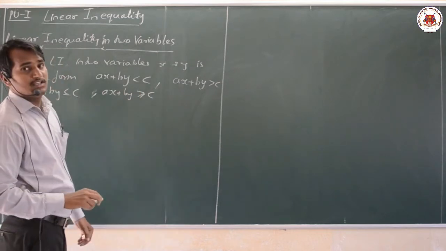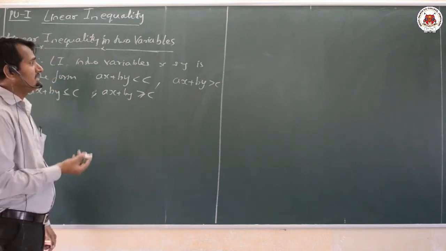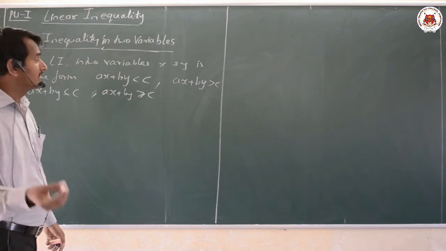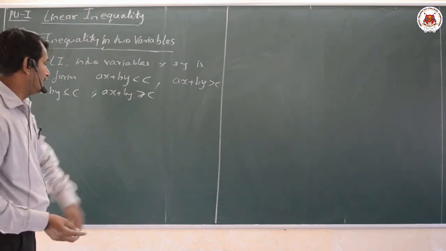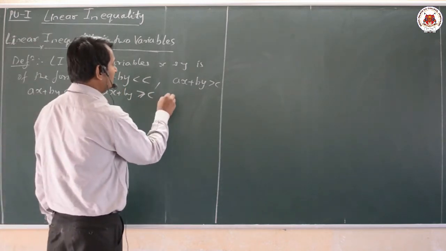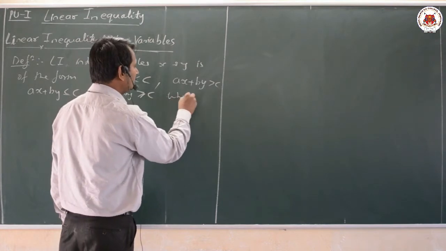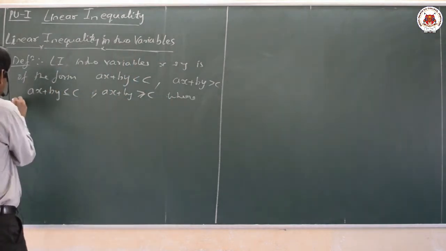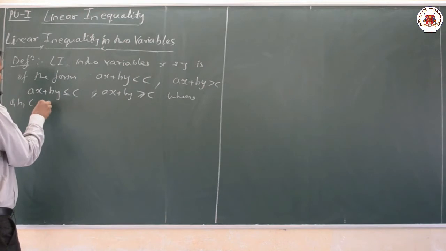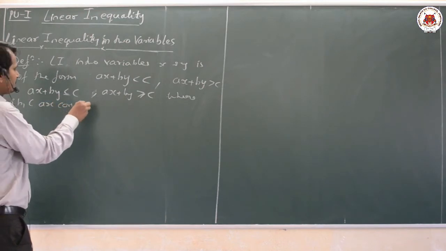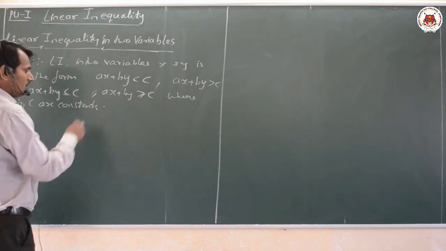These are the four different types of linear inequalities in two variables, where x and y are the variables, and a, b, c are constants.